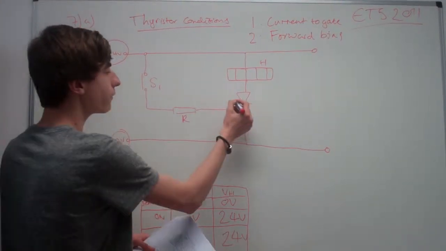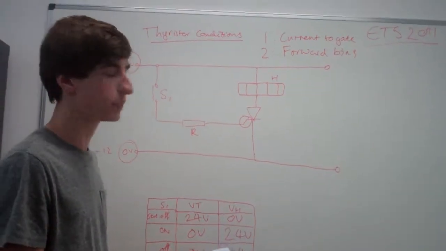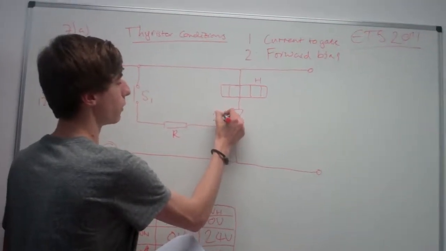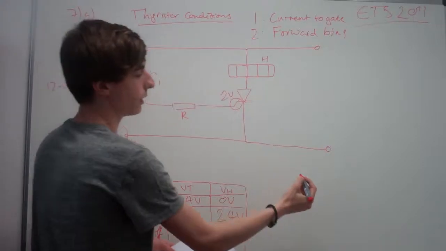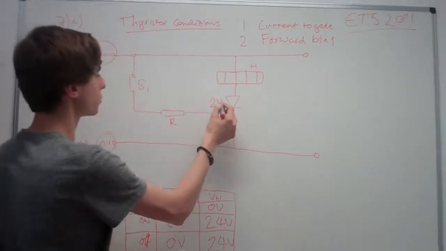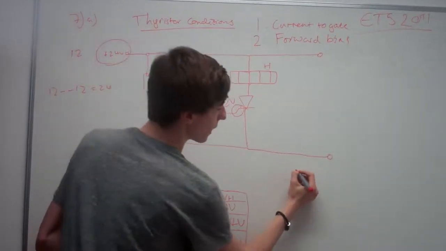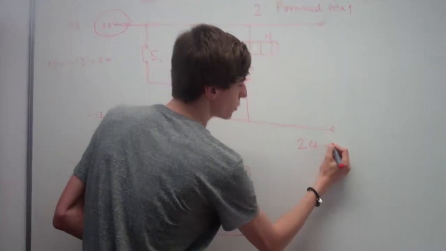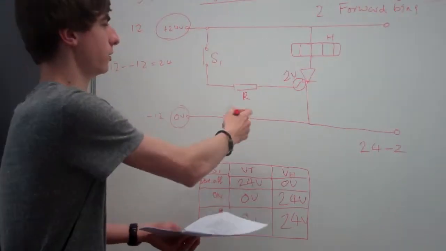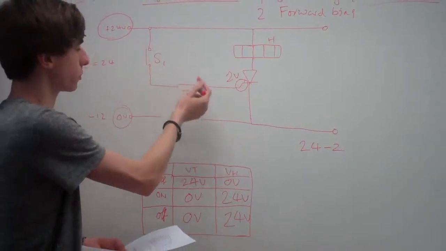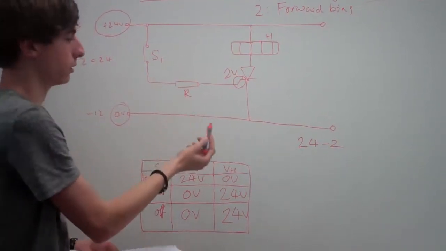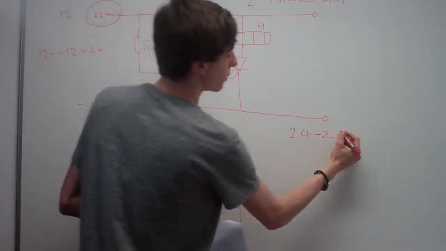So, from this table it tells us that there's going to be 2 volts across the gate, that means in total here, if we've got 2 volts dropped across this gate, we're going to have 24 minus 2 to work out the value for this resistor, because you've got 2 volts here, and how much is going to be dropped across here? That's going to be 22, because 24 minus 2 is 22.